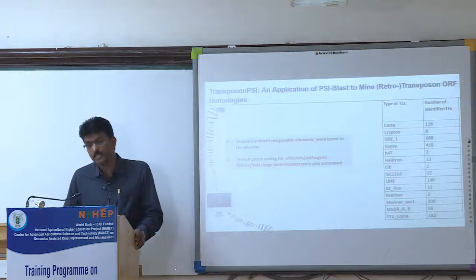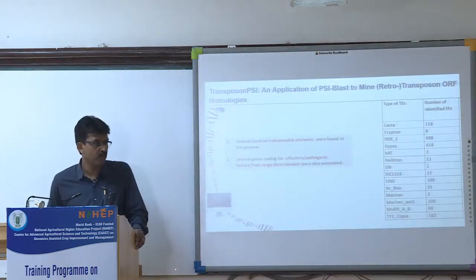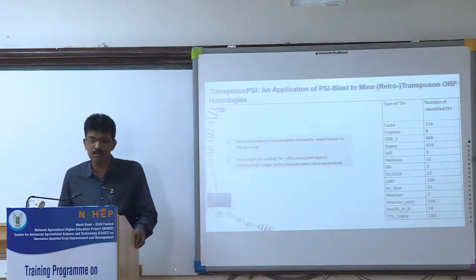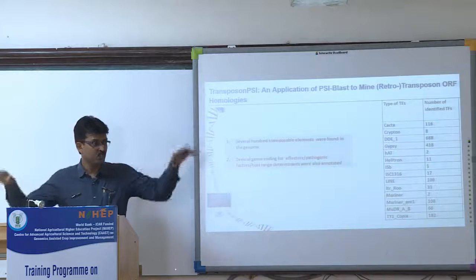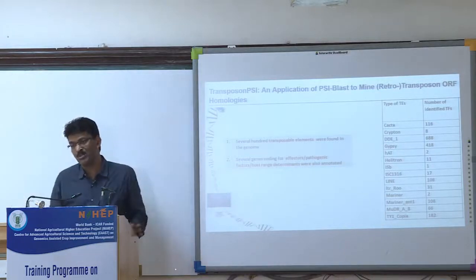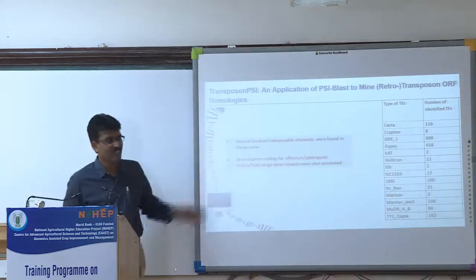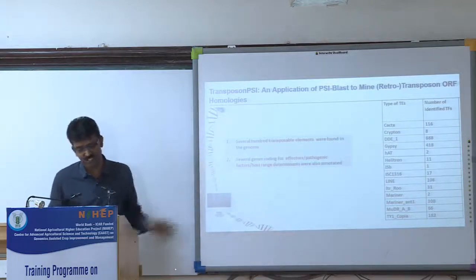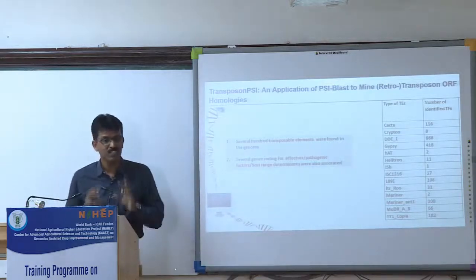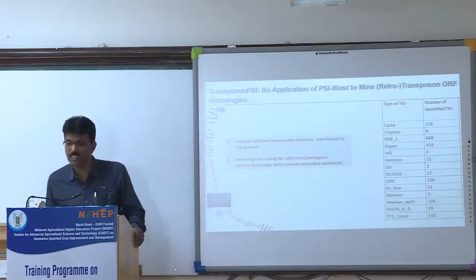What we found is that in any microbial genome, whether it is a fungal or bacterial genome, you see a lot of repetitive transposons distributed throughout the genome. So, if you want to know about them, use this one. After having generated the genome data, you subject the genomic data to transposon PSI analysis. That gives you how many transposons are there in your genome.